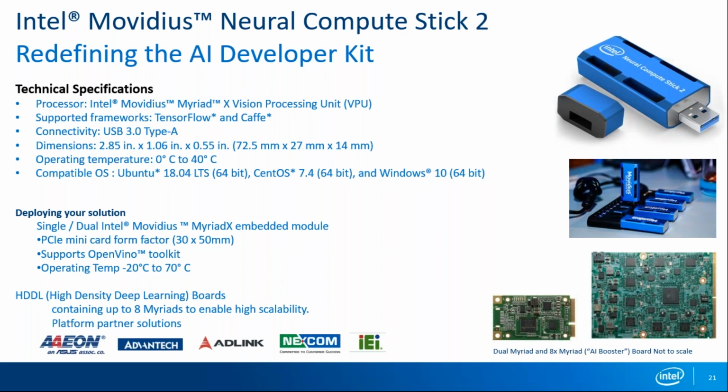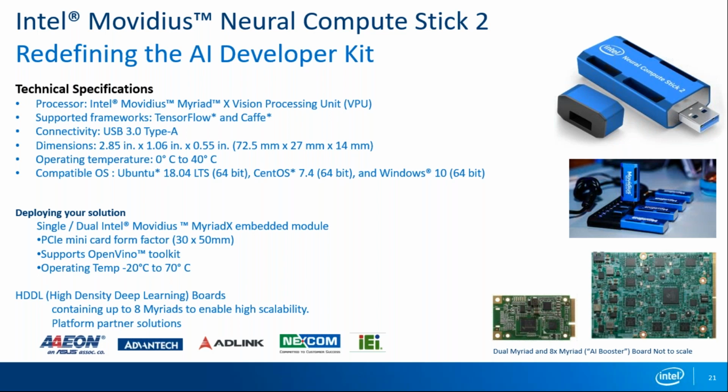It can be found in millions of devices today, such as video surveillance cameras, and it can be found in different form factors. We have it as a single VPU USB stick.